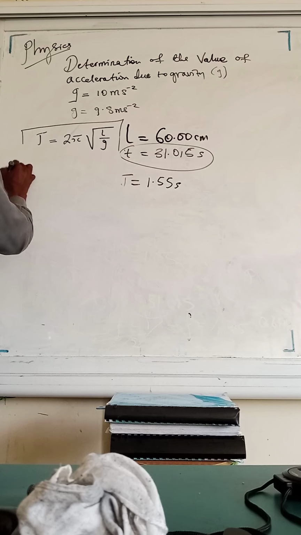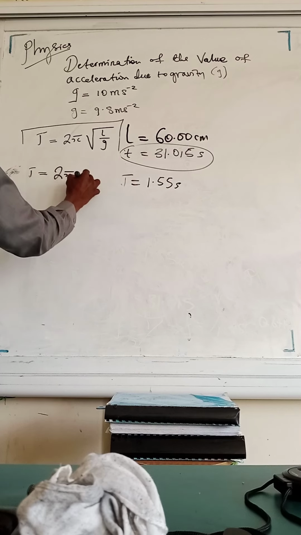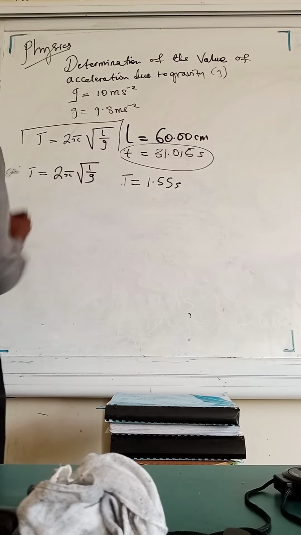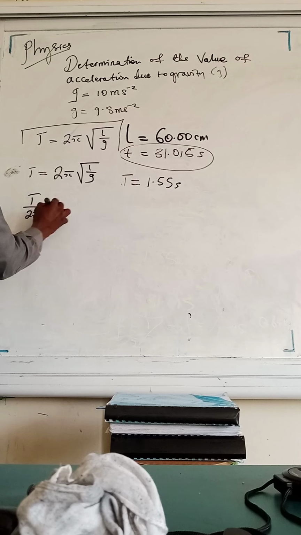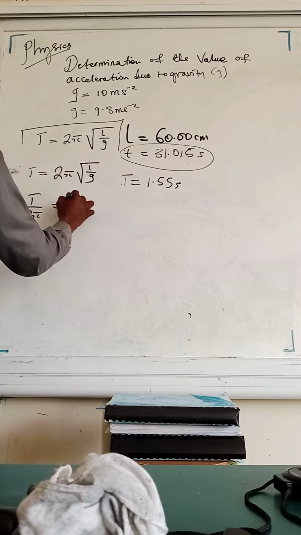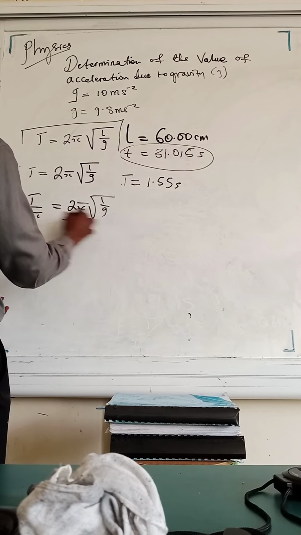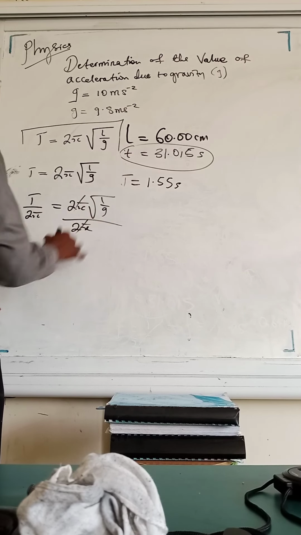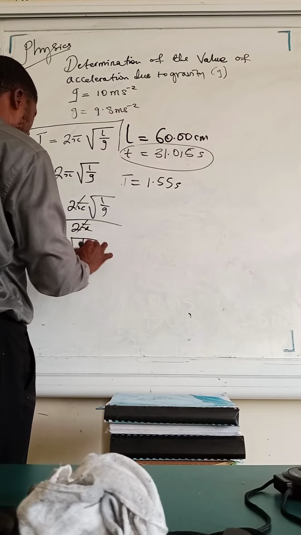We have given that T is equal to 2 pi root L all over G. Divide both sides by 2 pi. Your T all over 2 pi is equal to root L all over G.